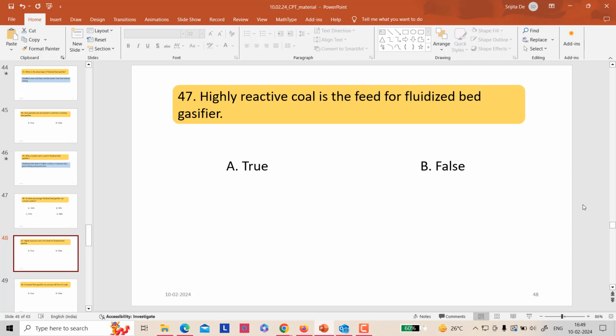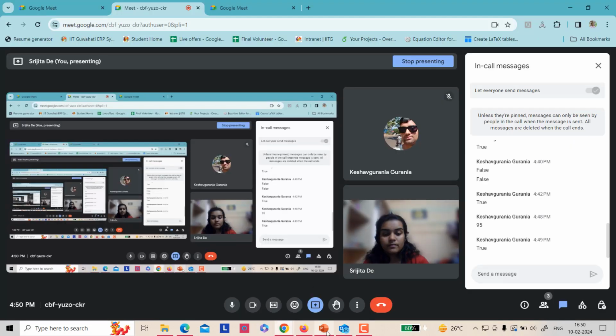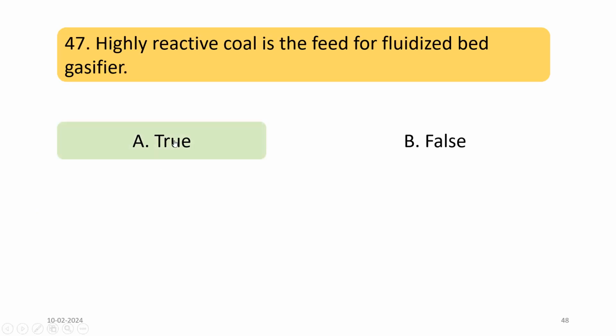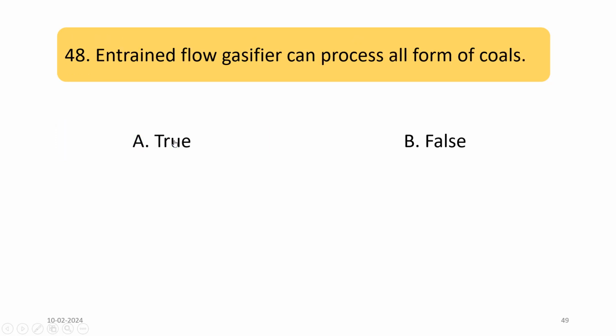True, ma'am. It is true. Highly reactive small crushed coal is the feed for fluidized bed gasifier. Next, entrained flow gasifier can process all forms of coal. True or false?